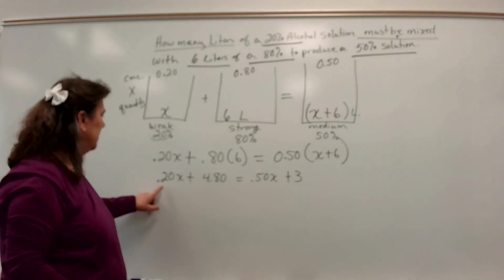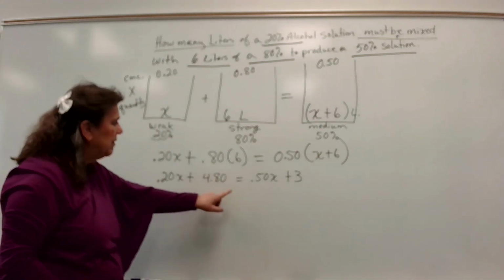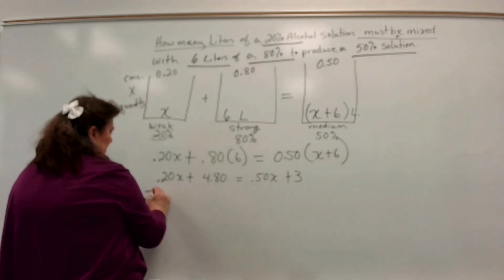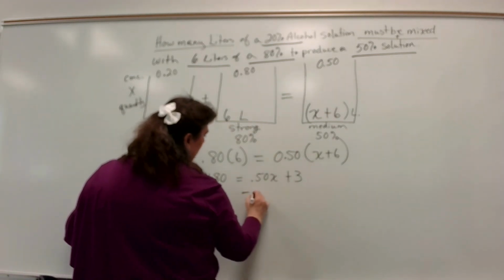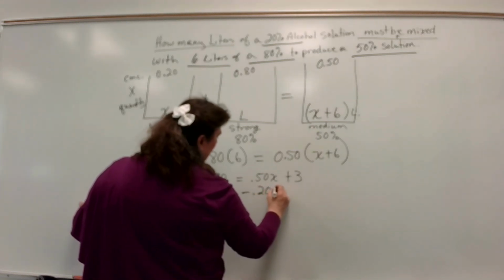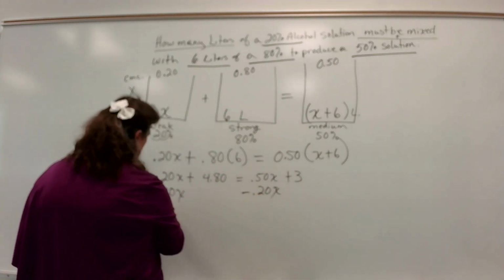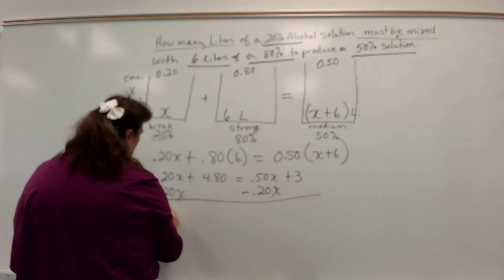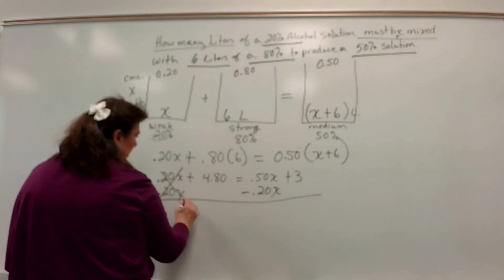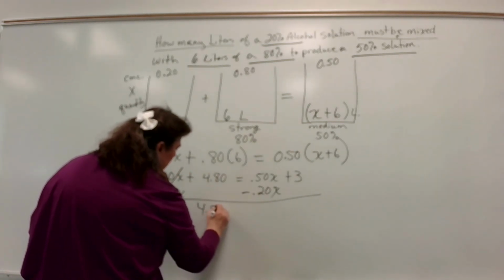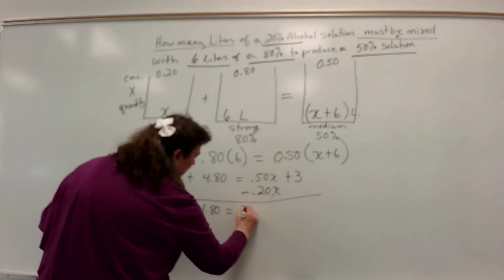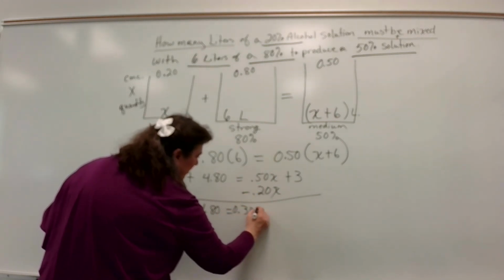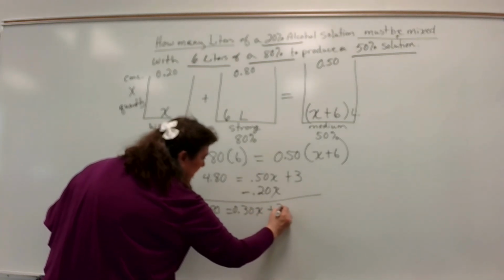Notice 0.20 is smaller than 0.50, so I'm going to subtract my 0.20x from my 0.50x, and that gives me 0 here, with the 4.8 carrying down. That will be 0.30x, plus 3.